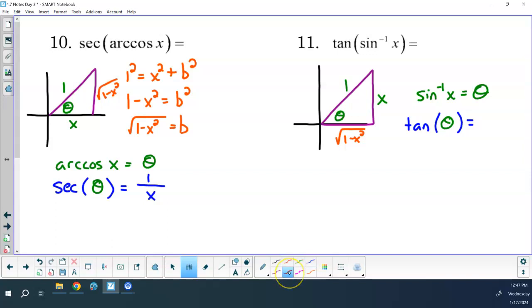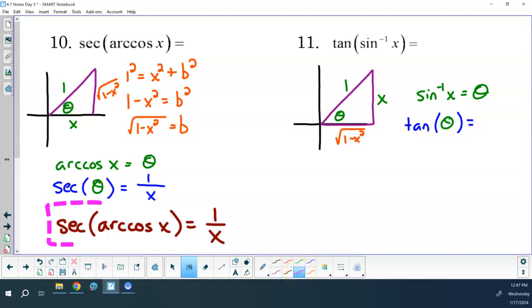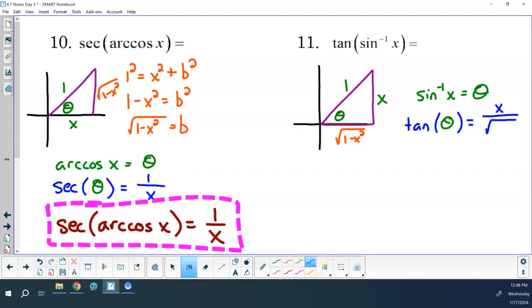So here in the first one, the secant of the arc cosine of x is 1 over x. In the second one, tangent is opposite over adjacent.